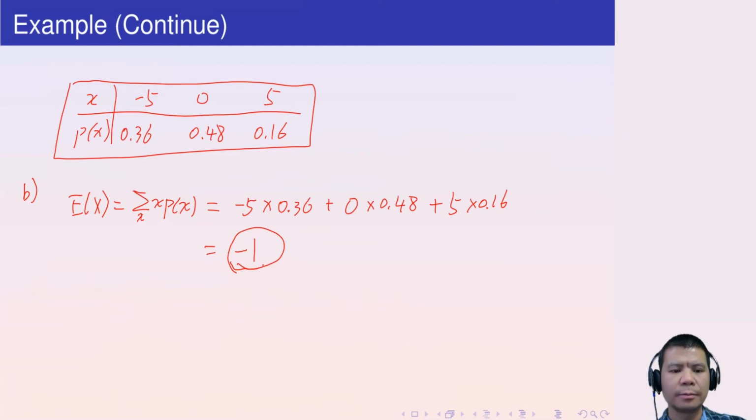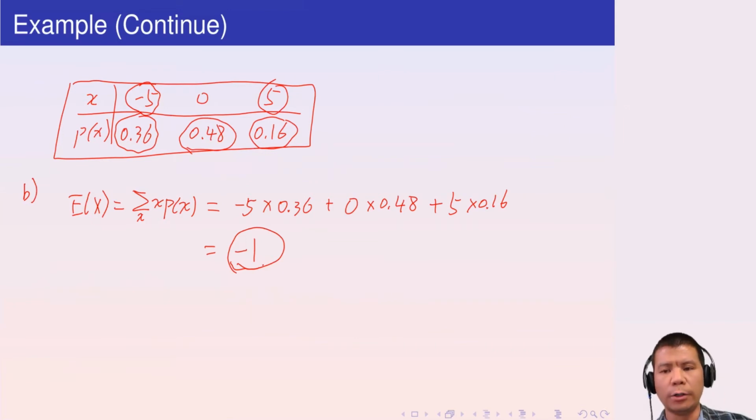Okay, so why is this negative $1? You can see that he can lose $5 with a probability of 36%, right? He breaks even with a probability of 48%. Now he wins $5 with a probability of 0.16, right? So as you can see, he has a higher chance of losing $5 than gaining $5. Now the middle one, it breaks even, so it doesn't matter.